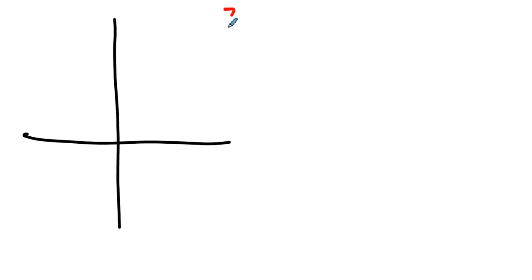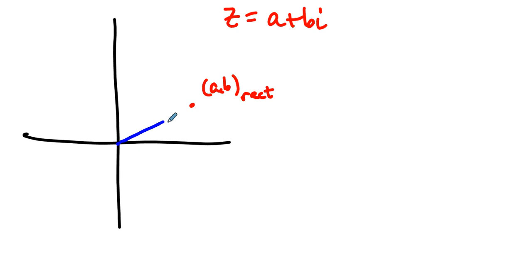We remember that we started with some number a plus bi, and then we plotted that as a point in the Cartesian plane. This is the rectangular point (a, b). And then we said, wait a minute, that's some distance r from the origin, and there's some angle theta of rotation.